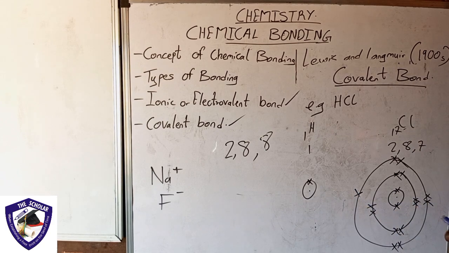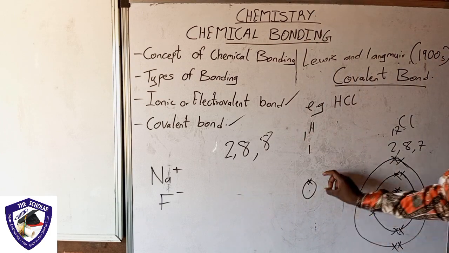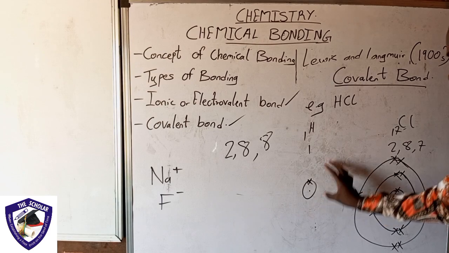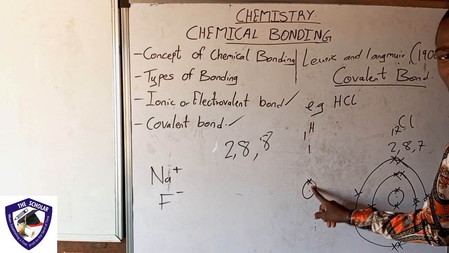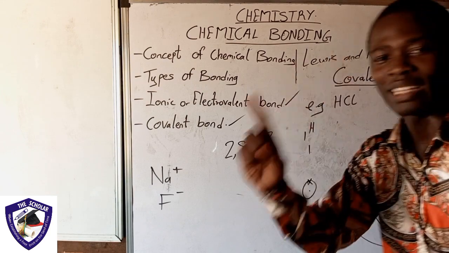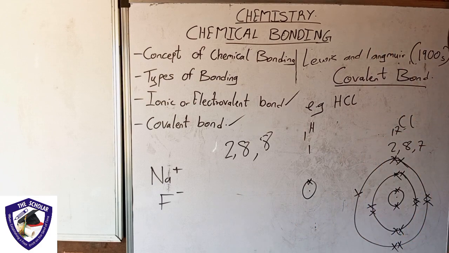Now, covalent bond, I said earlier that it involves what? Sharing of electron. Now, if you take a look at this example, hydrogen has 1 electron at the outermost shell. It needs what? Just 1 electron to complete its what? Its duplet configuration, to make it stable.